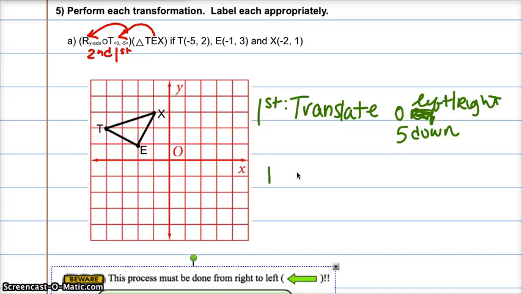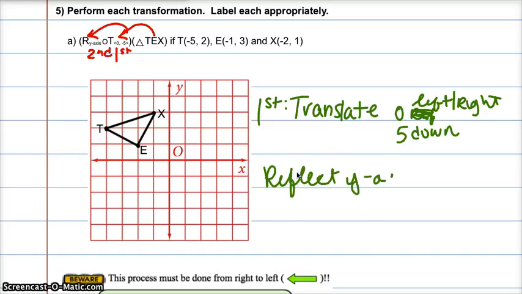Then it's telling you to reflect across the y-axis. So that's what needs to happen. We're taking this one and we're going to move down 1, 2, 3, 4, 5. X prime 1, 2, 3, 4, 5. E prime 1, 2, 3, 4, 5.